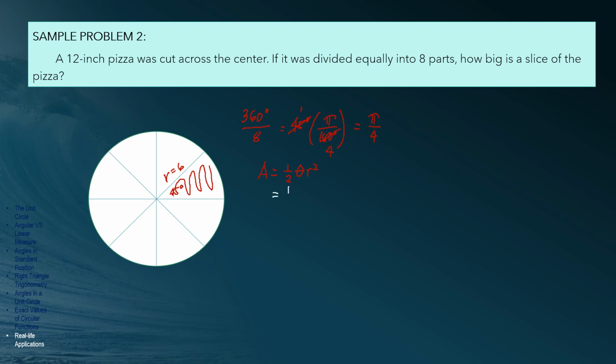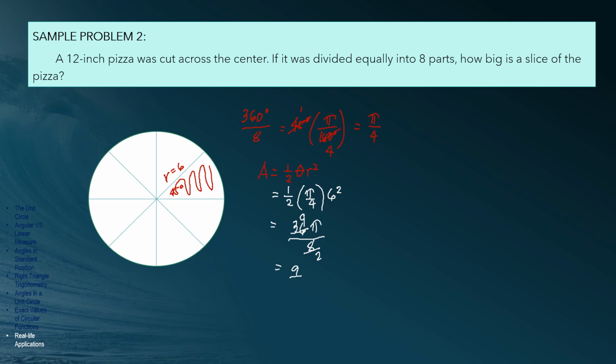So let's plug in the given. So we have pi over 4. Then we have a radius of 6 squared. So we will have 36 pi over 8. Simplifying that, we can divide by 4. 36 divided by 4, 9. 8 divided by 4, we have 2.